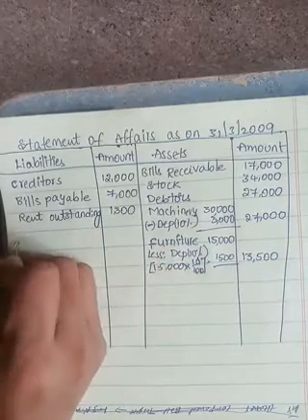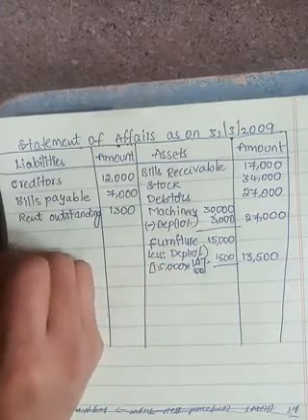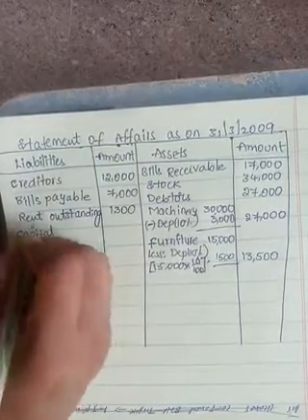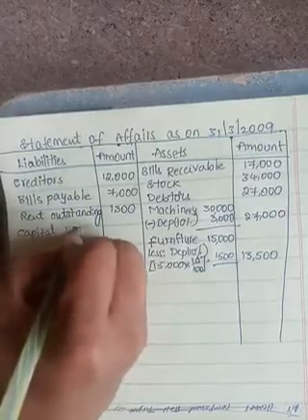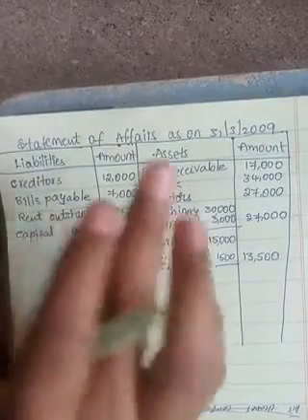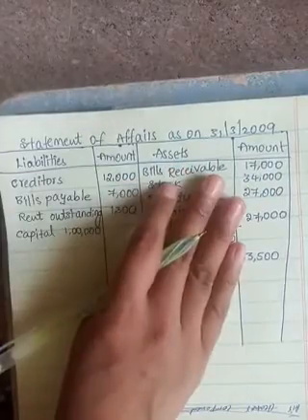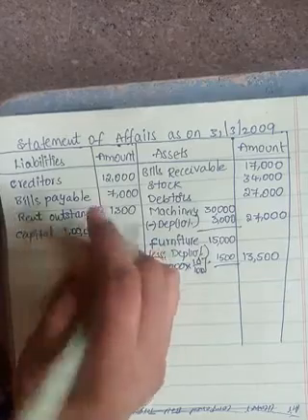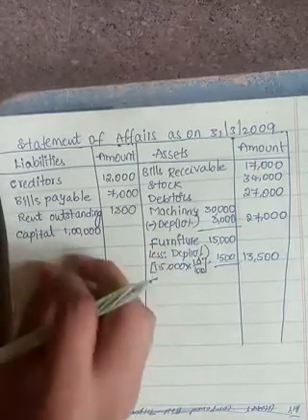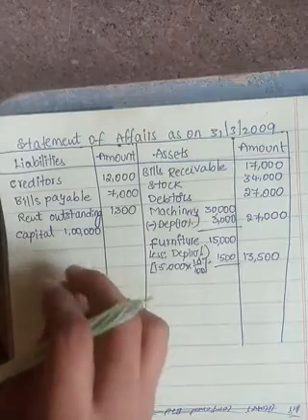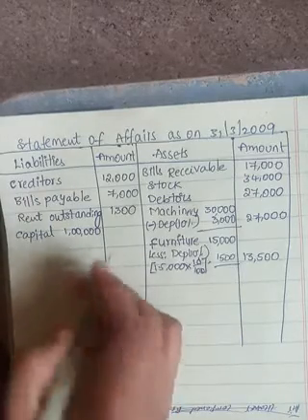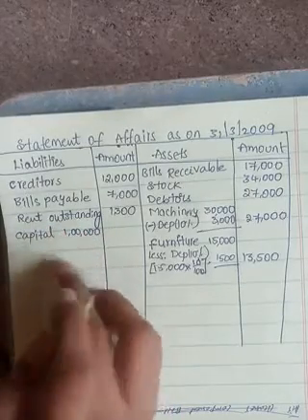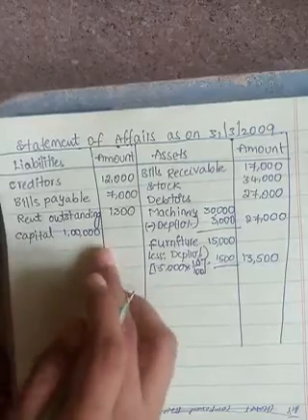The next is capital. The opening capital is 1 lakh. Whenever we prepare the statement of affairs at the end of the year, we take the opening capital, not the closing capital. Here we add any interest and profit, and deduct drawings, and then we get the closing capital. So the opening capital is 1 lakh.